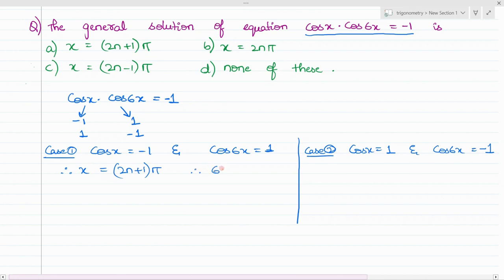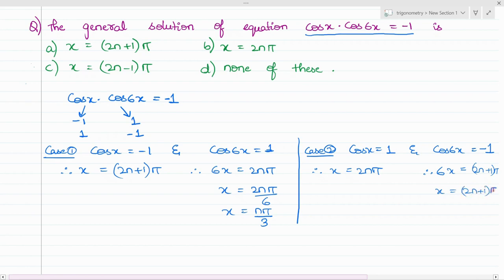And here 6x will be 2n pi, and we can write x is equal to 2n pi by 6, which means x is equal to n pi by 3. And here x will be 2n pi, and cos 6x is equal to minus 1. For this, the general solution 6x is nothing but (2n plus 1) into pi, and x can be written as (2n plus 1) into pi by 6.